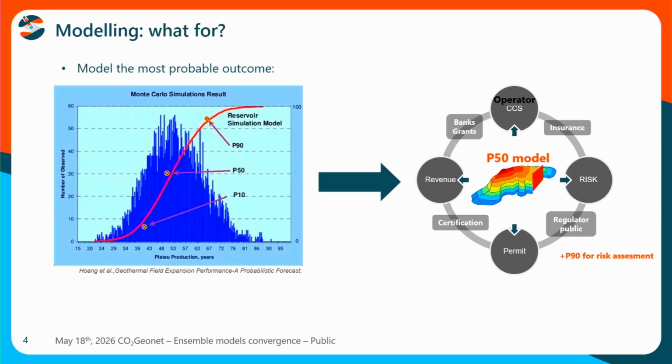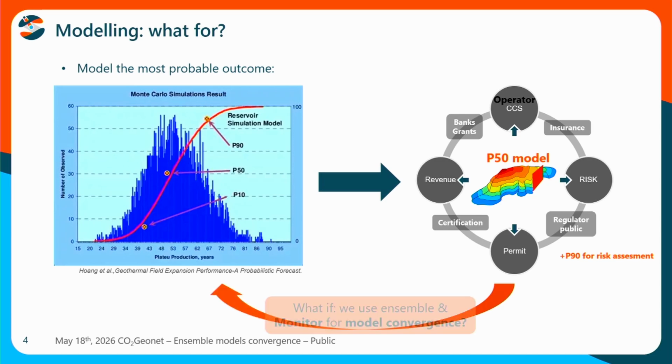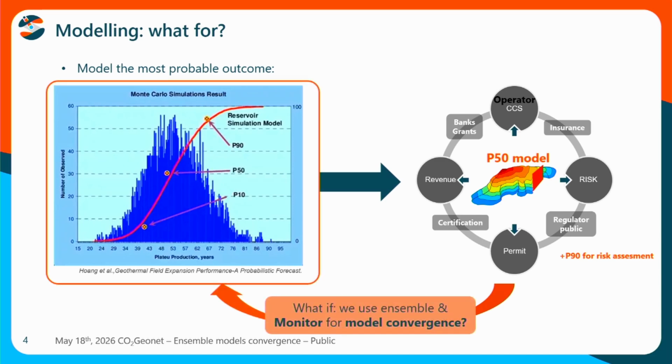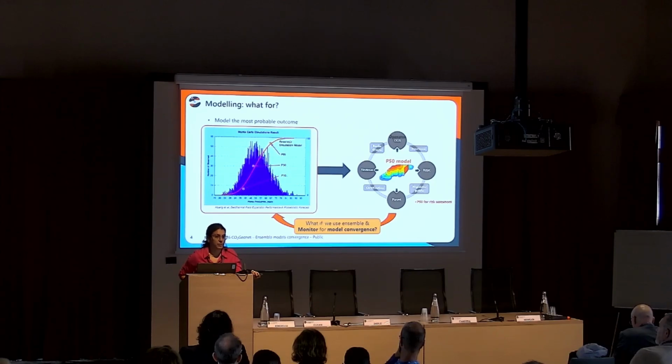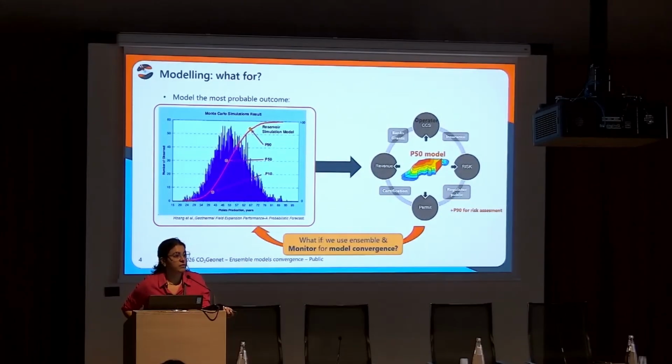Now, what I want to do here is to go the reverse way. What if we could go back to the many CCS models that we have here on the CO2 injection and actually monitor to reach convergence, to find the model that is the closest to what's happening in reality, within the subsurface.